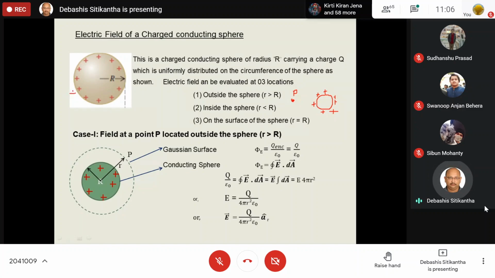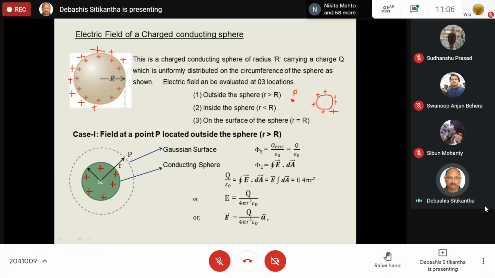No, that is not the case. It can also exist on the surface of this conducting sphere as well. So let us say this is the charged body and the charges are uniformly distributed along both the inner as well as the outer periphery of the surface.